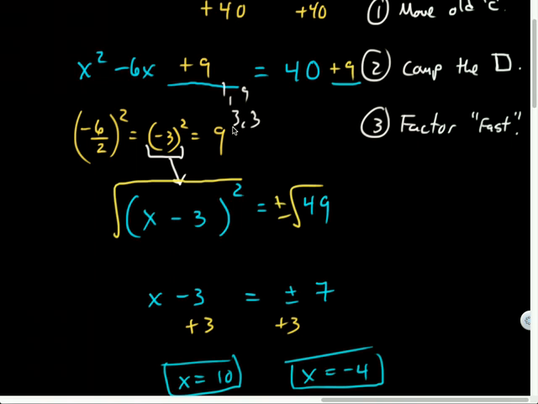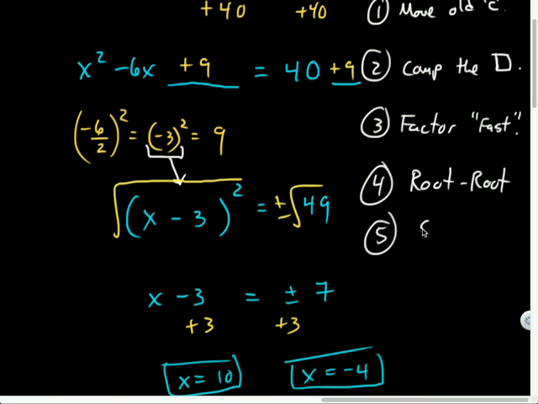We created the pattern, so it better fit the pattern. Just jump right into that. And then the last step would be root both sides and solve. It might not be a bad idea to write plus or minus on the root step. Don't forget it.